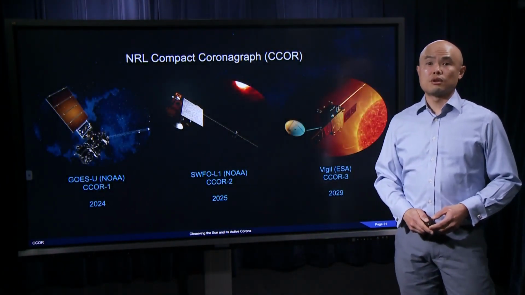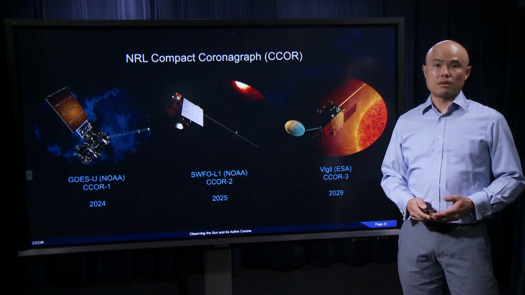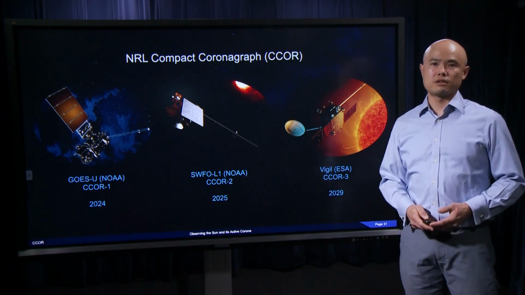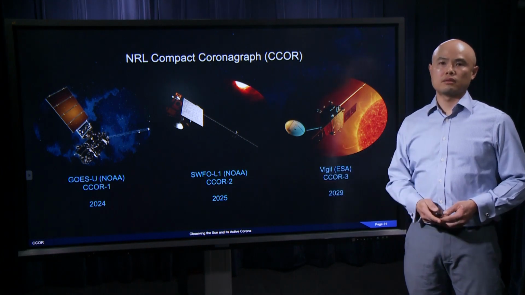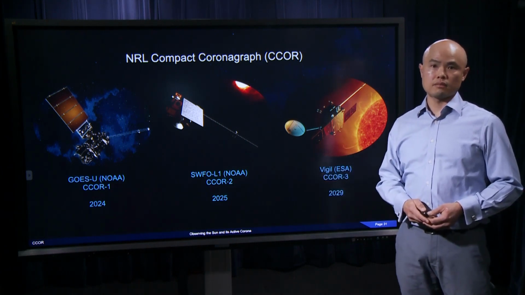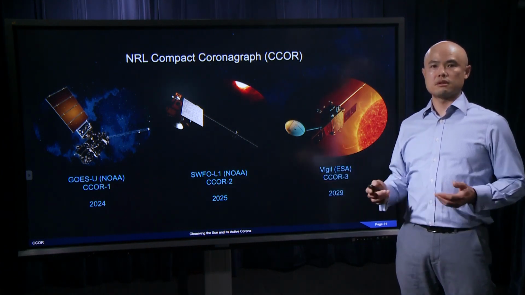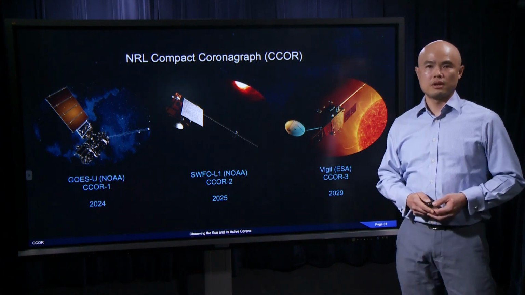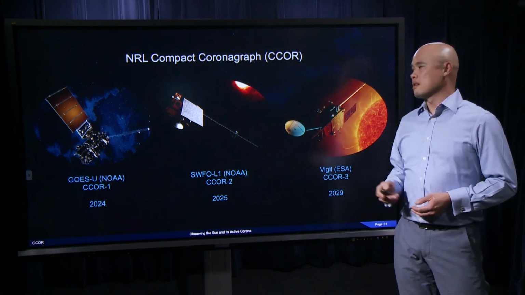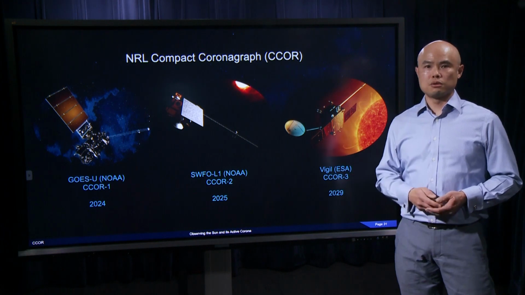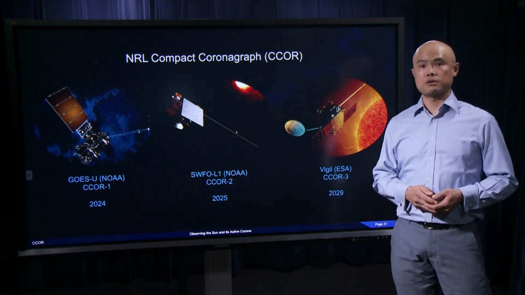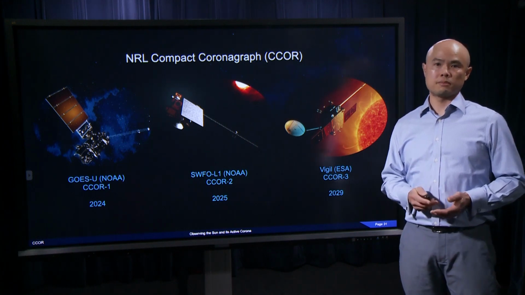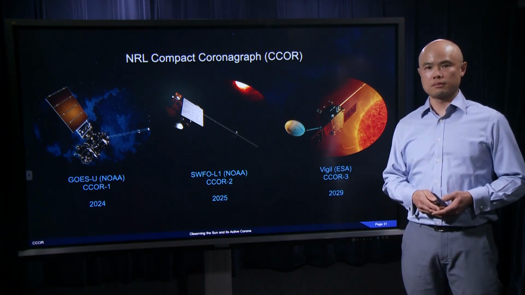NRL is currently building or developing three CCORs for operational use by NOAA. CCOR 1 will fly on the NOAA GOES-U satellite at geosynchronous orbit and is anticipated to launch in April 2024. The second CCOR, or CCOR 2, will fly as one of the primary payloads on NOAA's Space Weather Follow-On, or SWFO spacecraft, to the L1 Lagrange point.